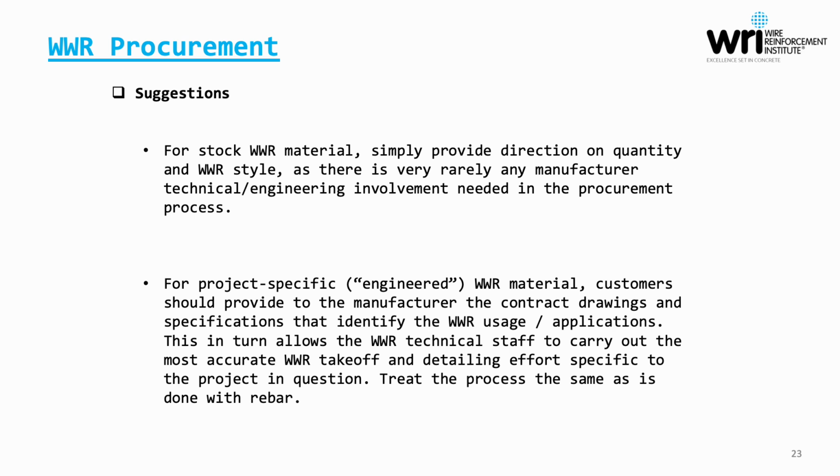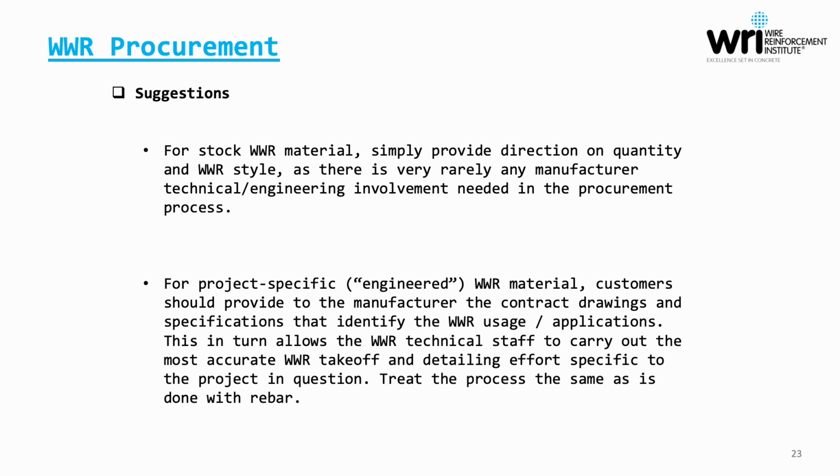So again, the takeaway as it relates to procurement: the suggestion we would have for stock material is simply to provide direction on the quantity and the welded wire reinforcement style, as there is very rarely any manufacturer technical involvement needed in the procurement process. In contrast, for project-specific or engineered welded wire reinforcement material, the customer really should provide to the manufacturer the contract drawings and specifications that identify the usage of the welded wire reinforcement.